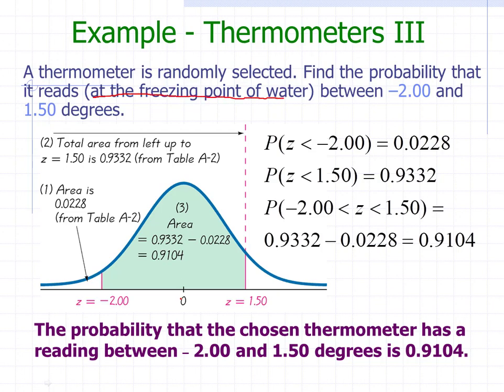So what we need to do is, I call these betweeners. Okay, so we want to think about it. What's the area below a negative 2? And we can find that from the table. And that's this little tail right here.